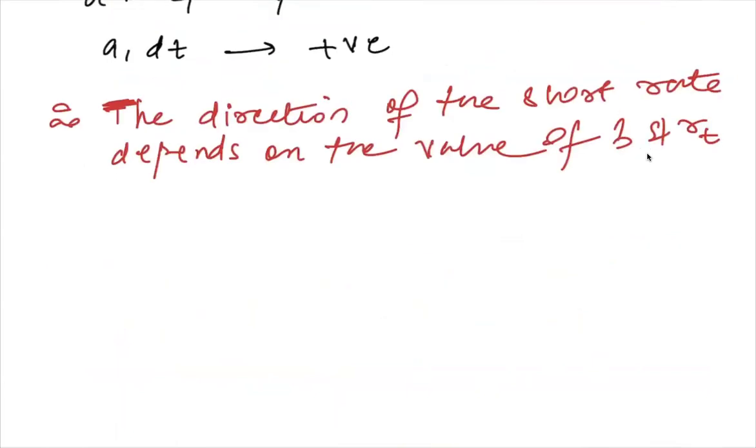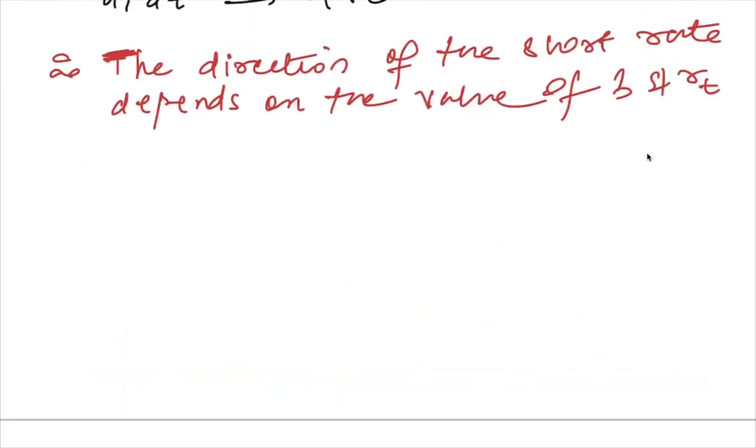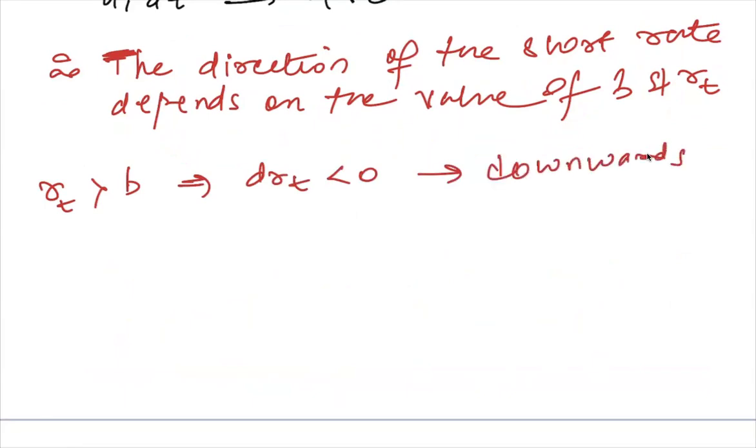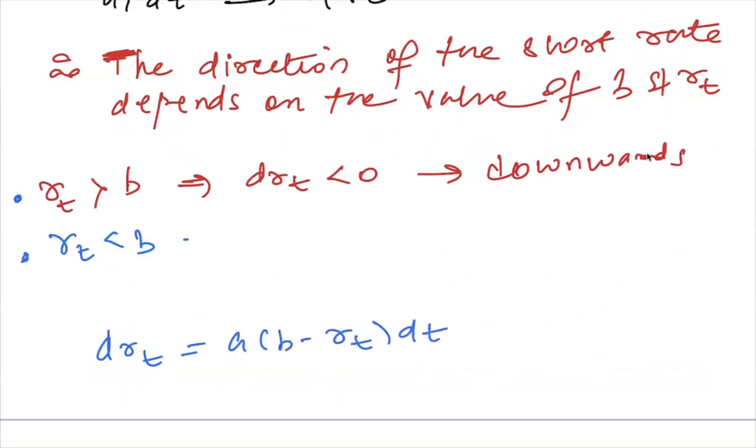What we saw is that if RT is greater than B, dRT will be negative, less than 0. Therefore, it will adjust the short rate downwards. This was case 1. And if RT is less than B, what was the equation? A times (B minus RT) dt, right? So if B is greater, dRT is greater than 0, or positive, and it will adjust the process upwards.